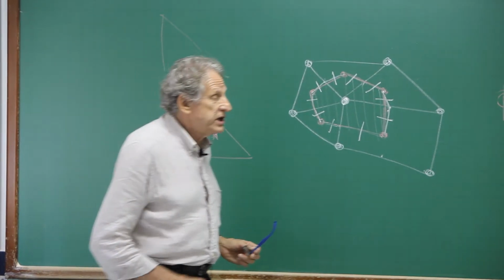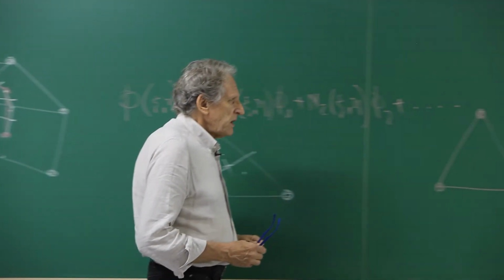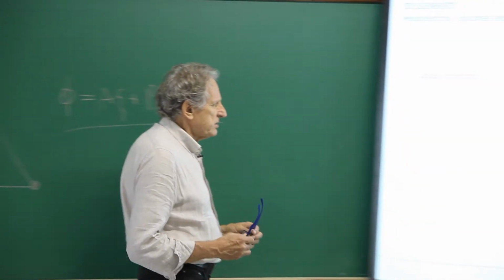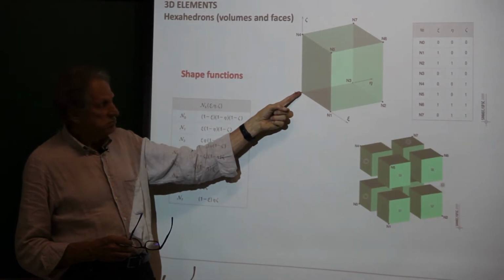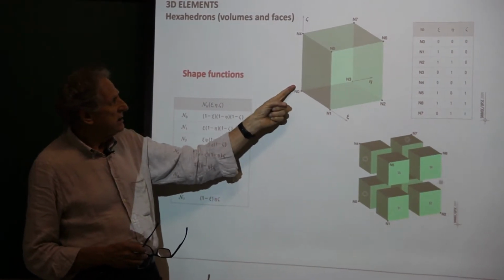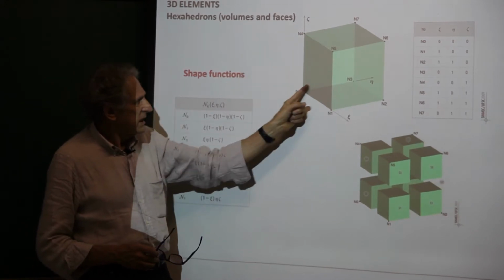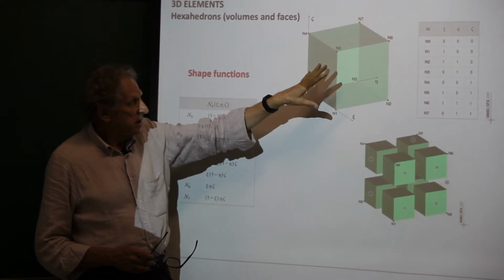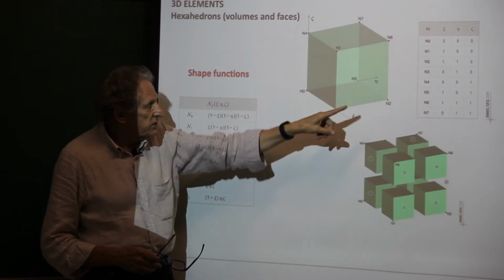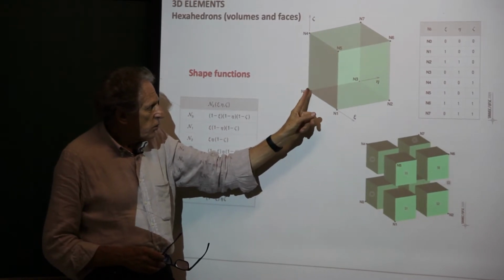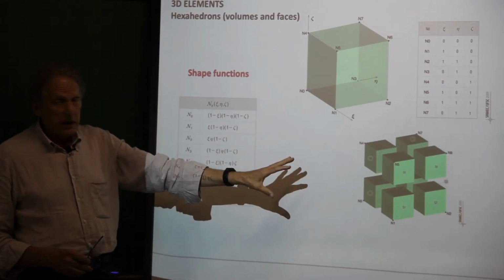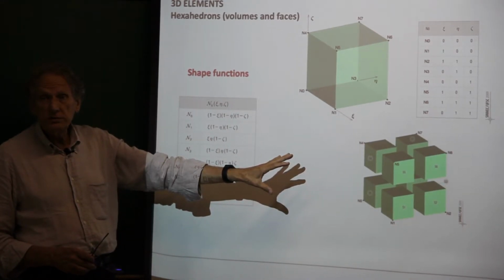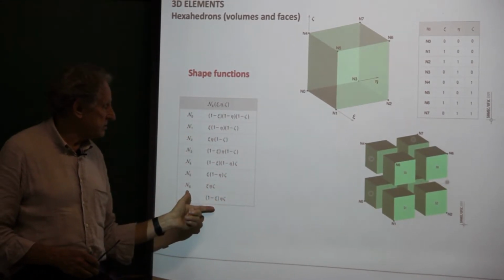If you go for 3D shape functions, you have the axes xi, zeta and eta, and the coordinate points are 0, 0, 0, 1, 0, 0. There are 8 sub-control volumes, and here are the shape functions.